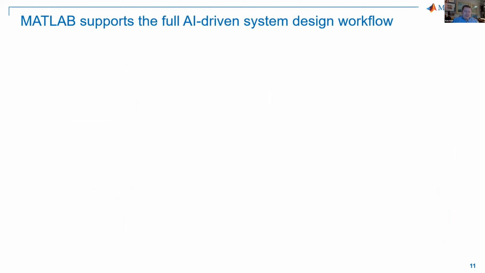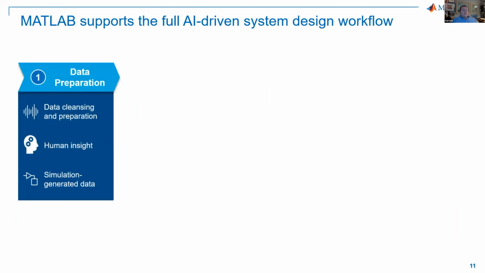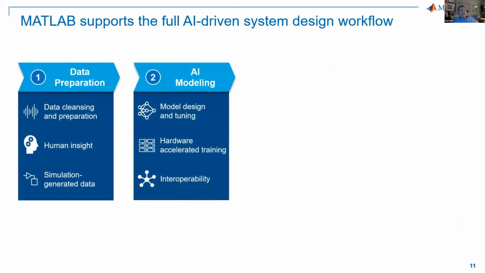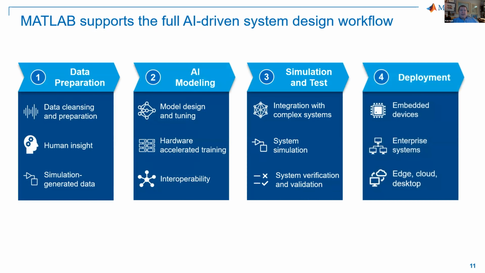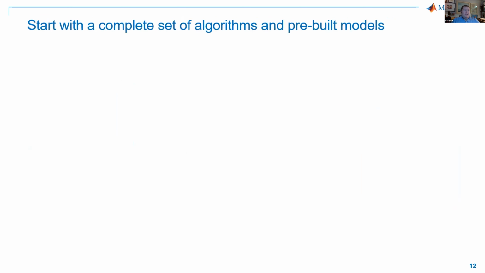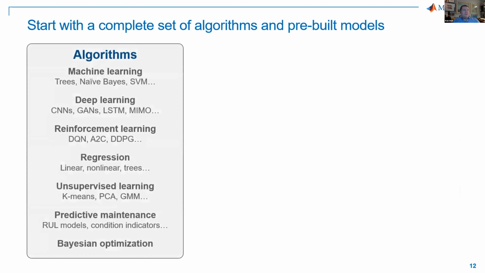So I want to talk for a second about the AI tools specifically. MATLAB does support the full AI-driven system design workflow. So classic AI workflow: prepare the data, model that data, simulate and test, and then finally deploy. Not to reiterate that we have all of these things, but what I wanted to mention specifically is that out of the box, MATLAB ships with a lot of these algorithms and pre-built models.